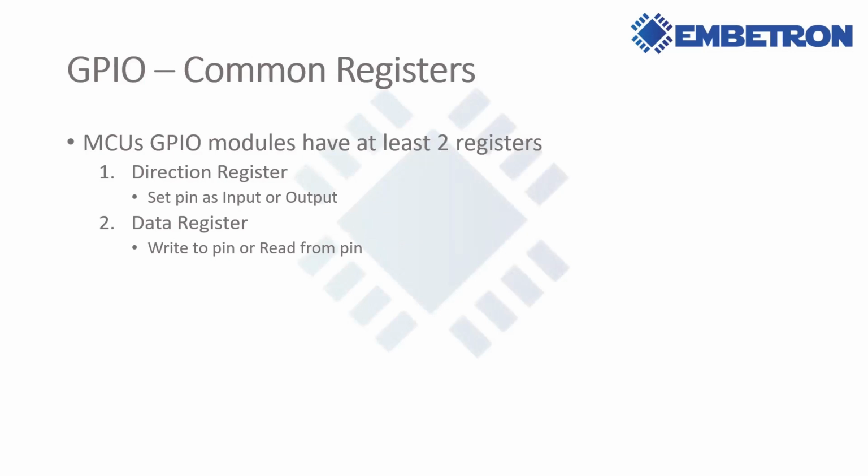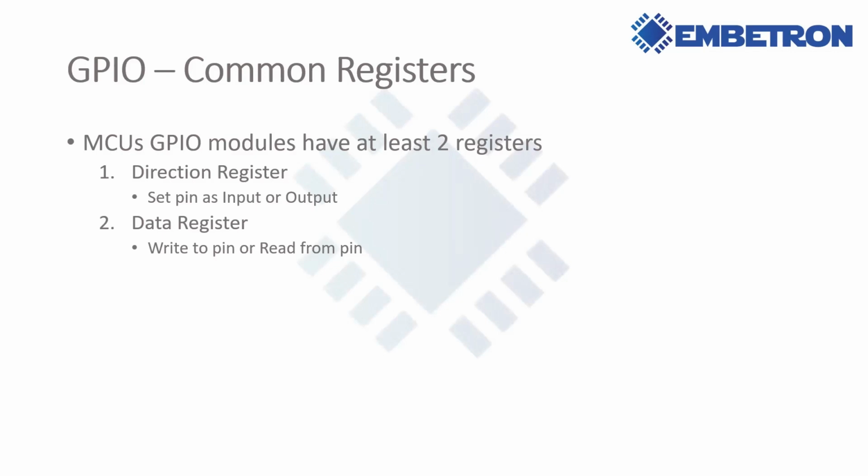Common registers that are used for GPIO: at least two registers are used, and this is common across almost all microcontrollers. These two registers are the direction register and the data register. Now, the direction register is used to set the pin either as output or input, while the data register is used to write to a pin or to read from the pin.